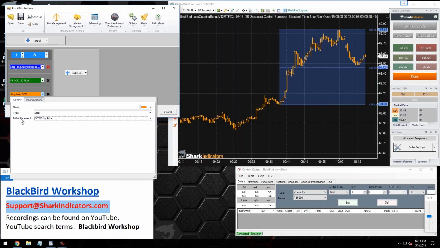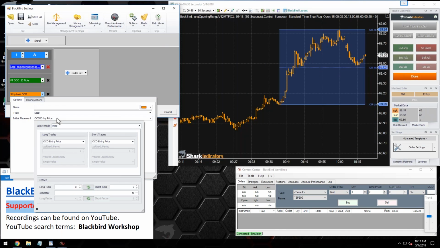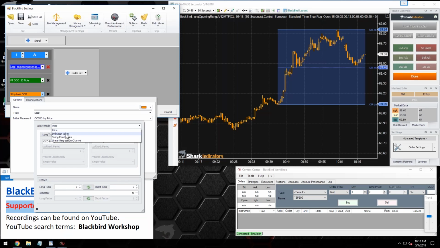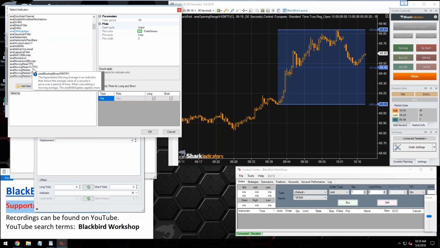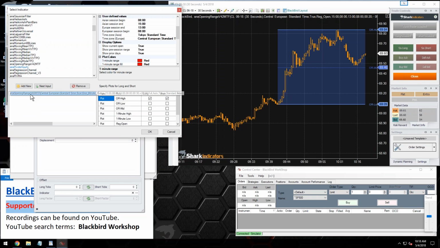For the initial placement, we're going to go in here, and just like the entry order, we need to use an indicator value. Again, we're going to use our opening range indicator. There we go.